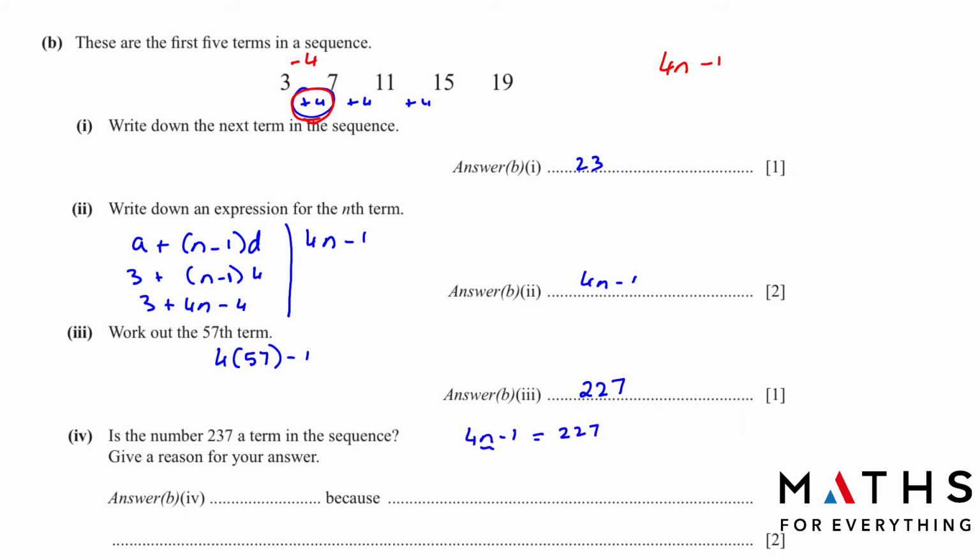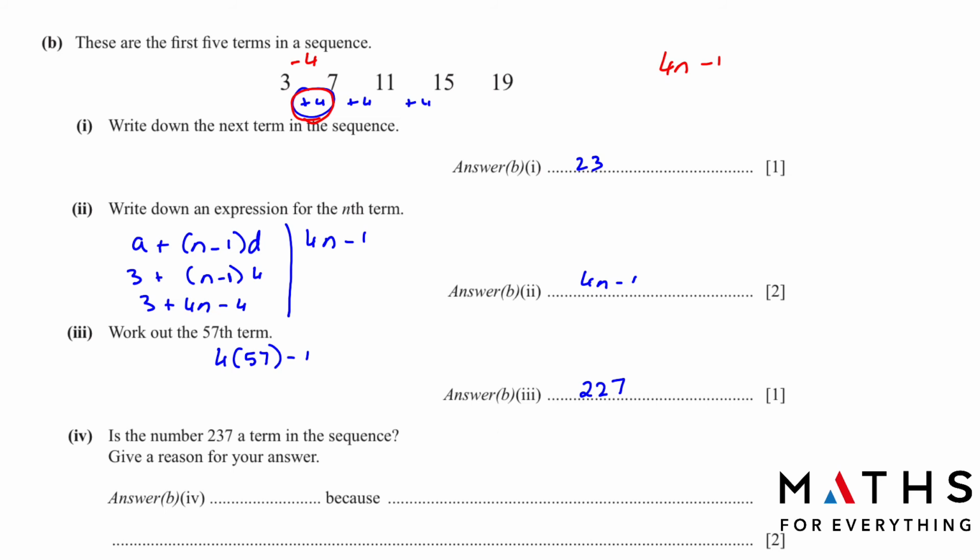We have to make n the subject. So 4n is equal to 227 plus 1, which is 228, divided by 4. Sorry, I wrote 227 instead of 237. We'll just redo it.